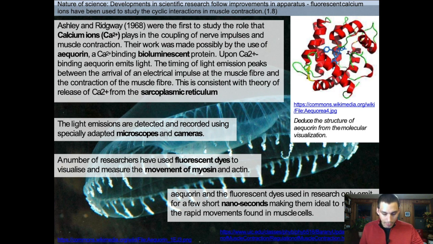What they used is a calcium-binding bioluminescent protein. That means it's a protein that creates light. It is luminescent, and upon calcium binding to it, it emits light. The timing of the light emission peaks between the arrival of the electrical impulse at the muscle fiber and the contraction of the muscle fiber.